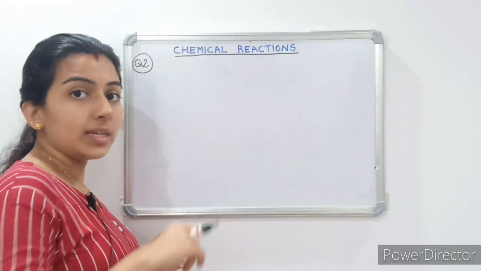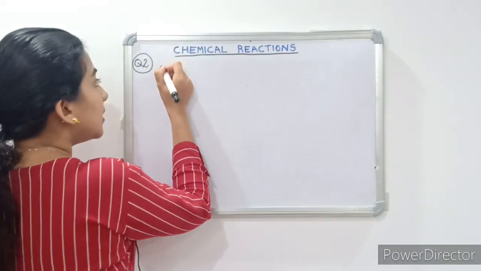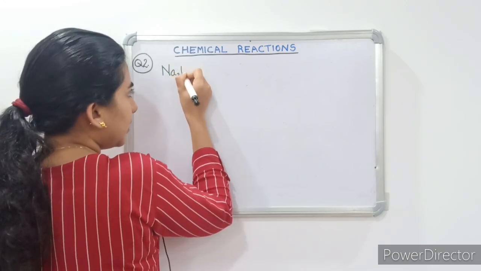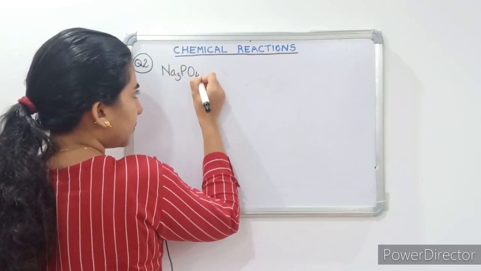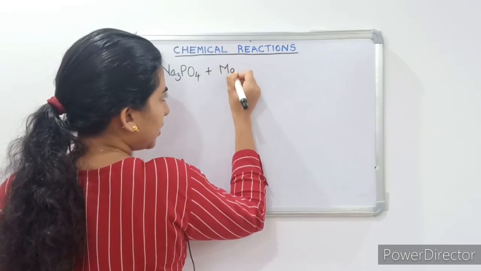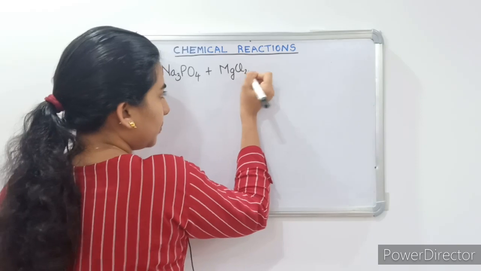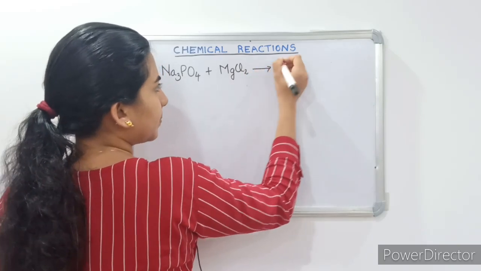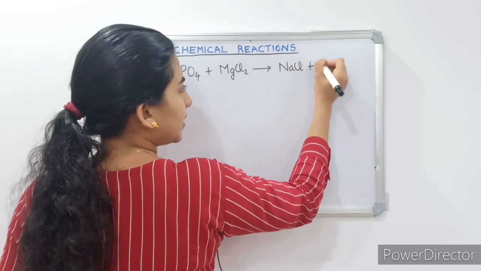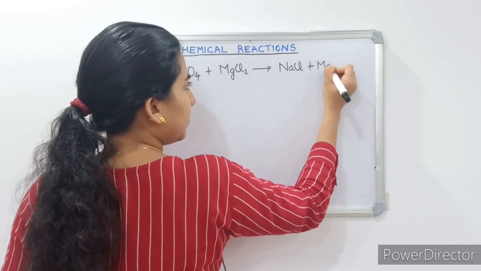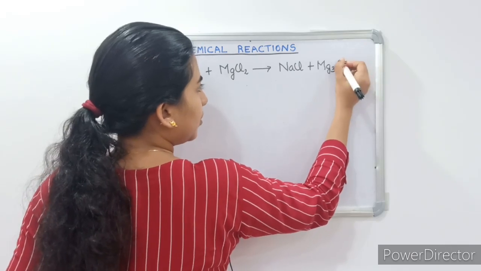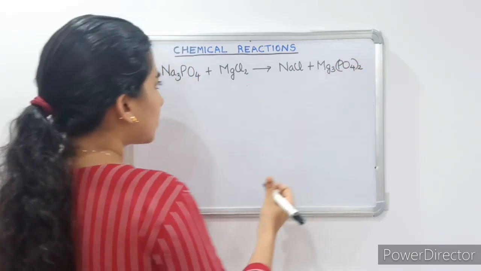Now, we will go for the second question, that is Na3PO4 plus MgCl2 gives NaCl plus Mg3(PO4)2.